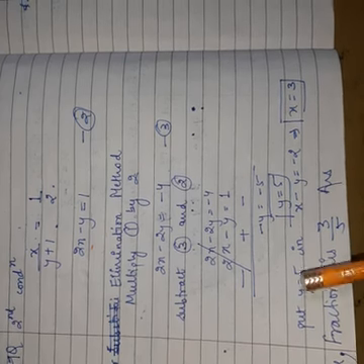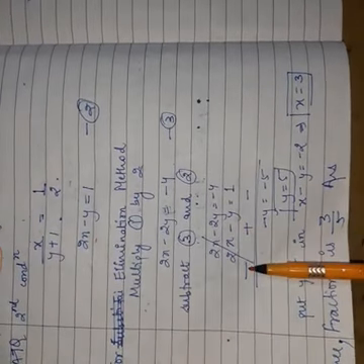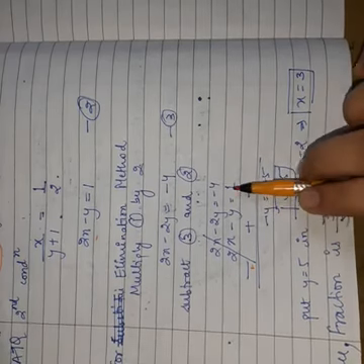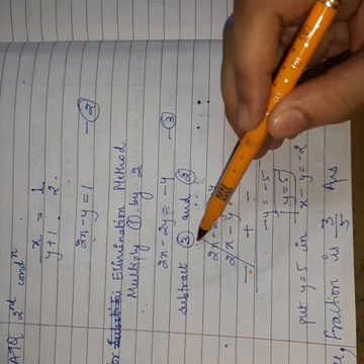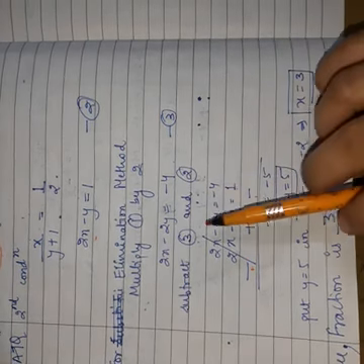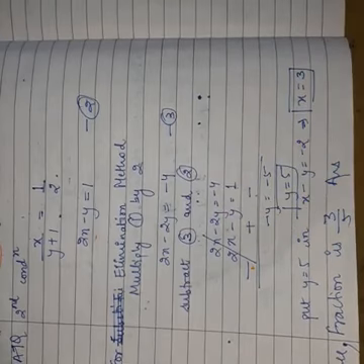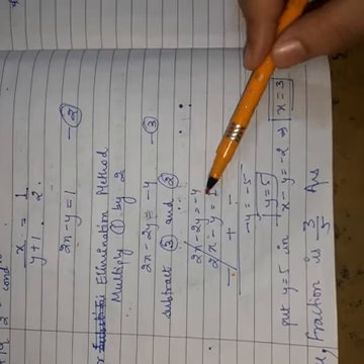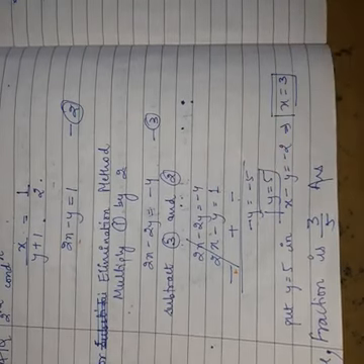So I have performed subtraction. 2x becomes minus 2x, minus 2y becomes plus y, and minus 4 becomes minus 1. So the x variable gets eliminated. We are left with minus 2y plus y, which would be minus y only, and minus 4 minus 1, which would come out to be minus 5.